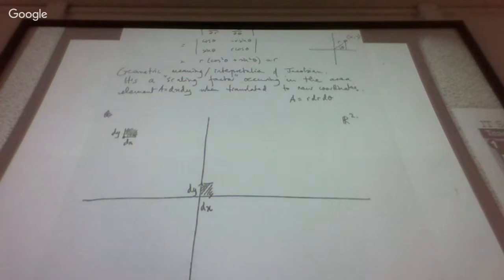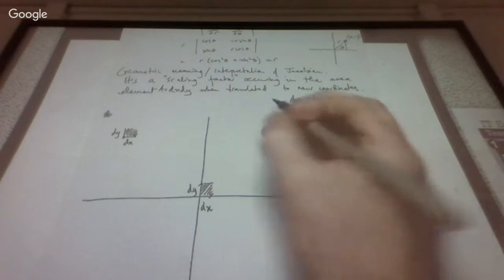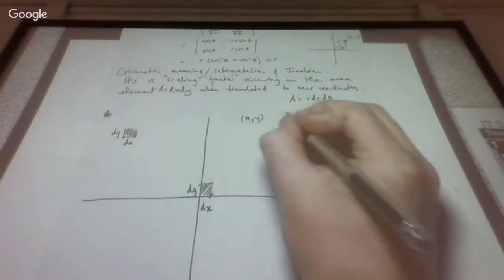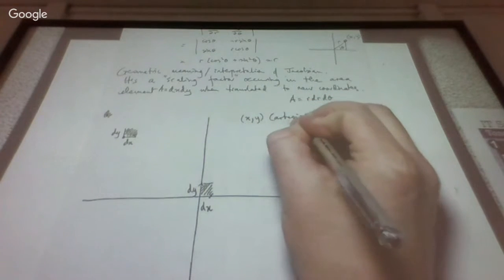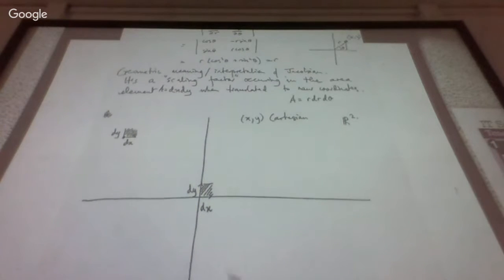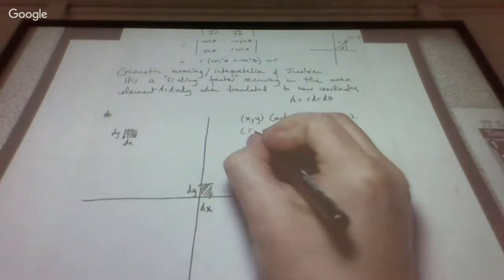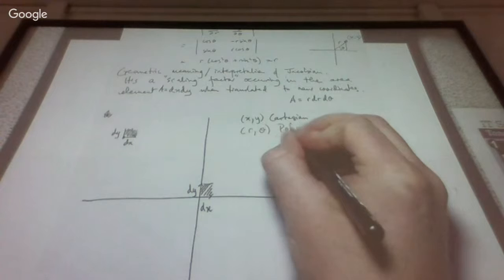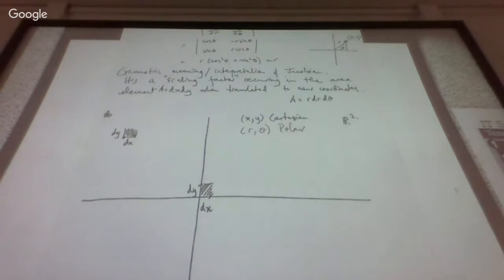Well, polar coordinates work very differently. So that's the xy Cartesian coordinates in black. But I'll put the polar coordinates in red. So the polar coordinates are r and theta. But they work quite differently.